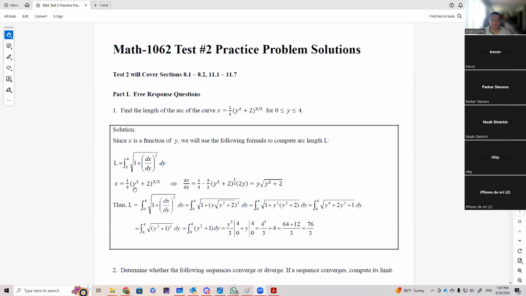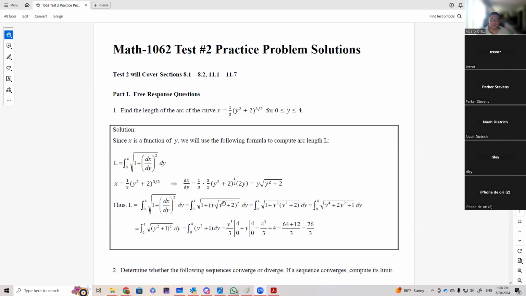Notice that for this particular example, we have a root. When we apply the derivative, we get 1/3 times 3/2 of (y squared plus 2) to the 1/2, multiplied by 2y. Simplifying terms, this becomes y times the square root of y squared plus 2.